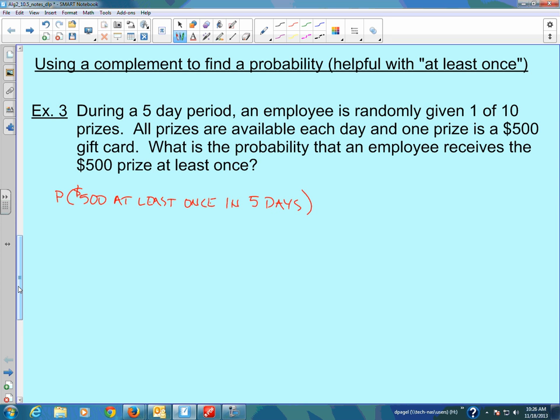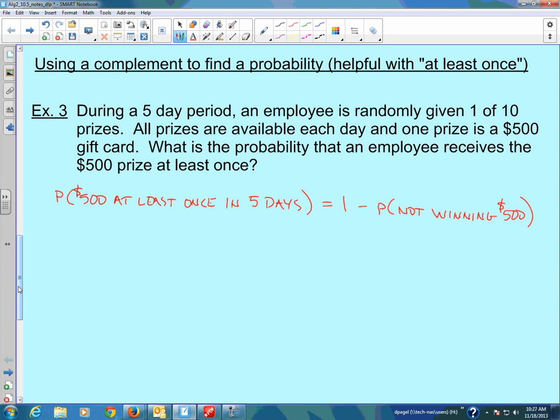And that'd be the probability of on day 1 we win it, and then day 2 we win it, and day 3, and day 4, and day 5. Well, what about looking at complements and saying that the probability of a $500 prize at least once in 5 days is the same thing as 1 minus the probability of not winning the $500 at all, any day.